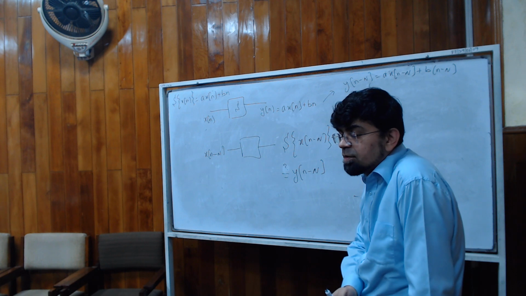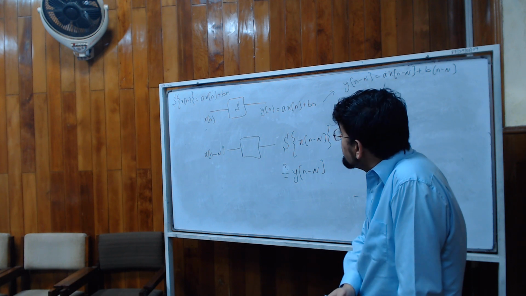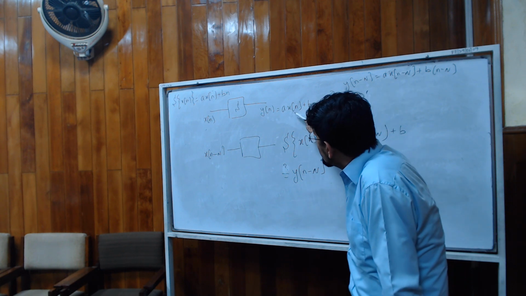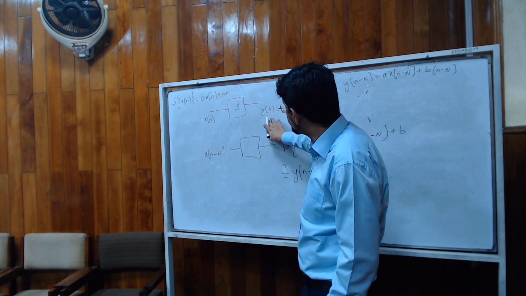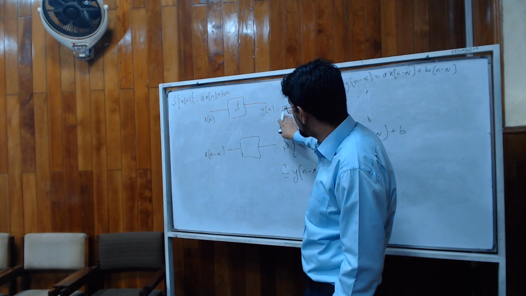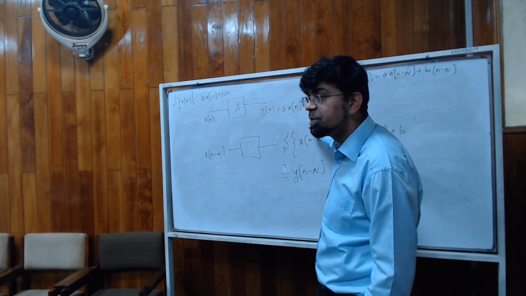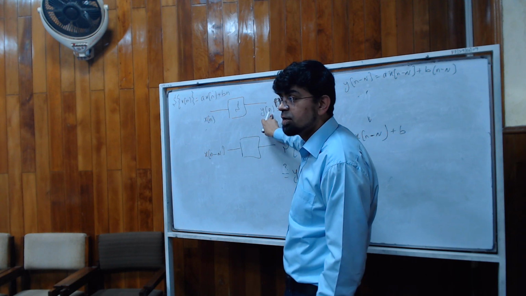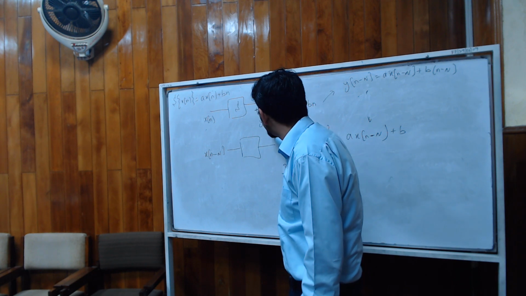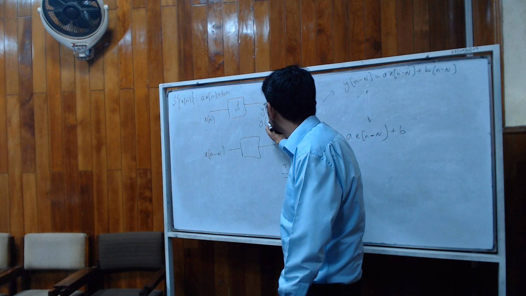But x n is a function, so x n is your input. Your output y n equals a x n plus b n. Yes, n is a box now. So what if I replace n by, let's say, k?